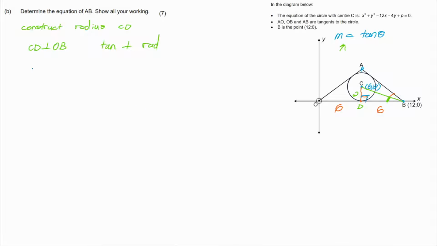Now we want to find this angle. We have our adjacent and our opposite. So we're going to say tan of angle CBD is equal to our opposite over our adjacent. This angle here is CBD. We're just going to put this in our calculator.